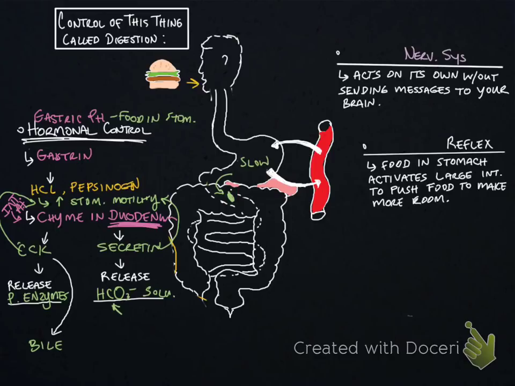Okay. So all in all, just so that we're clear, it's the fats in the chyme that causes the CCK to be released, and it's the acidity from the hydrochloric acid that causes the secretin to be released. Okay.